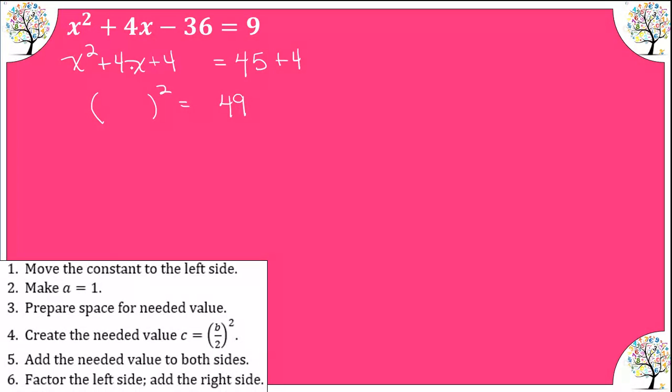To factor a perfect square trinomial, take the root of your quadratic, the sign of your linear, and the root of your constant. Now solve for x using the square root method. We're going to take the square root of both sides. We have x plus 2 equals negative 7, and x plus 2 equals positive 7.